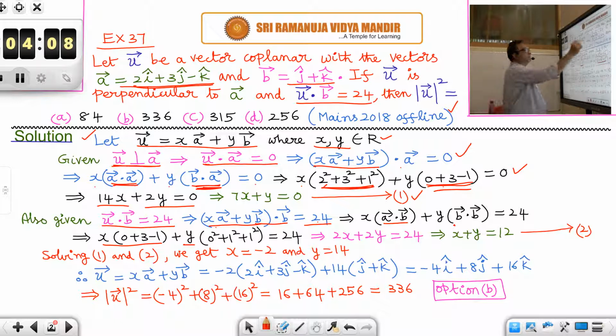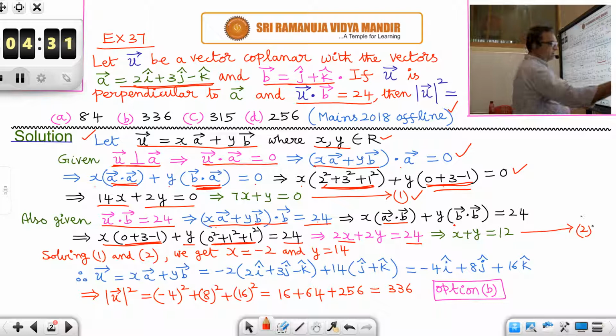Mod b whole square, b is given in the problem. Mod b whole square is 0 square plus 1 square plus 1 square. That is given as 24. So in the bracket it is 2, so 2x plus here also in the bracket it is 2, so 2y is equal to 24, implies x plus y is equal to 12. Let us call it equation number 2.